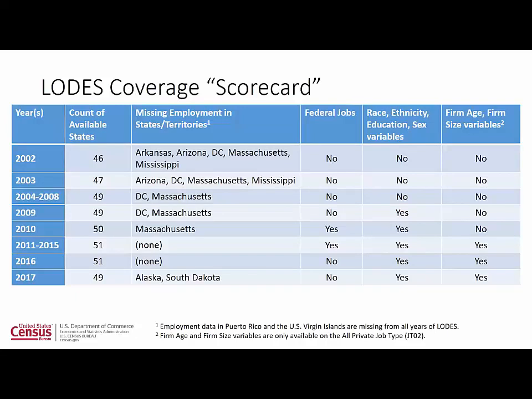So you can see on the left the years of the data, from 2002, when we first started producing LODES, through the 2017 data, the number of states that are available in those years, which states are not available during that time, whether or not federal jobs are available, whether or not the race, ethnicity, education, and sex variables are available, and whether or not firm age and firm size variables are available. Right now, the heart of the data set where everything is available is 2011 through 2015. Okay. All states are in, and all the variables are available for these 5 years.